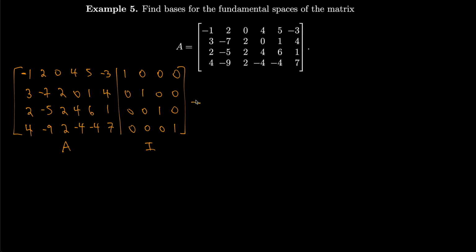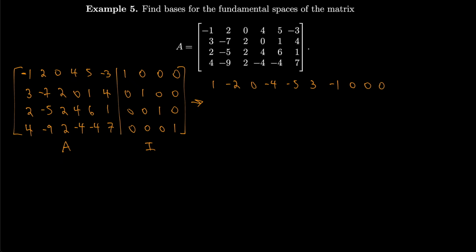Let's reduce that. So, as before, because notice this is the matrix we've already looked at, where these rows end up being the same after we subtract off that first row. So we'll get 1, -2, 0, -4, -5, 3, and then the top row of the identity becomes -1, 0, 0, 0.